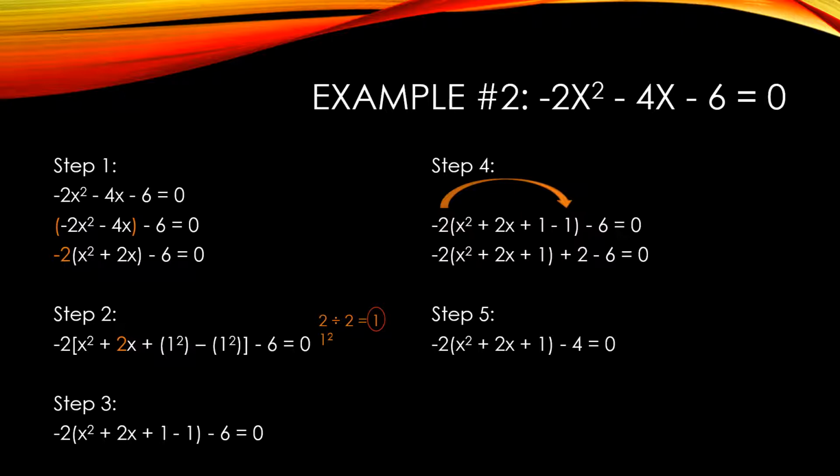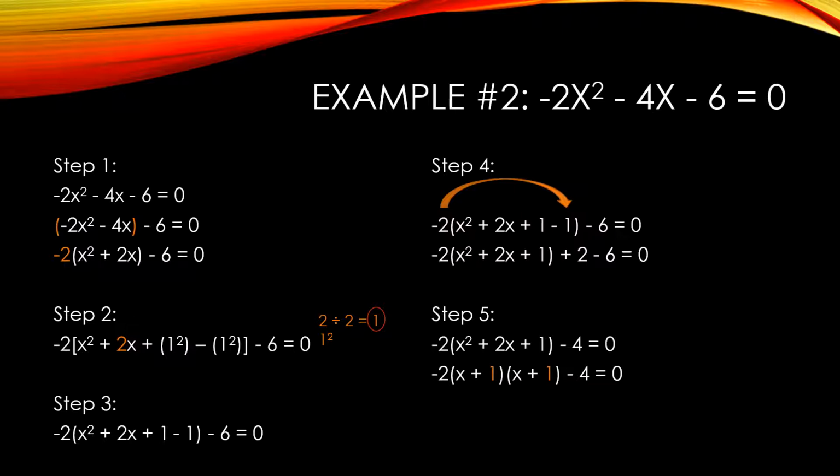We're going to check to see if that works for our product sum for the trinomial inside of our bracket. Now we need two numbers that add to 2 and multiply to 1. 1 plus 1 is 2, and 1 times 1 is also 1. So our magic number here is 1.